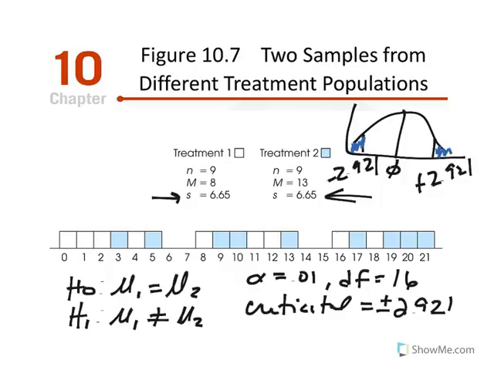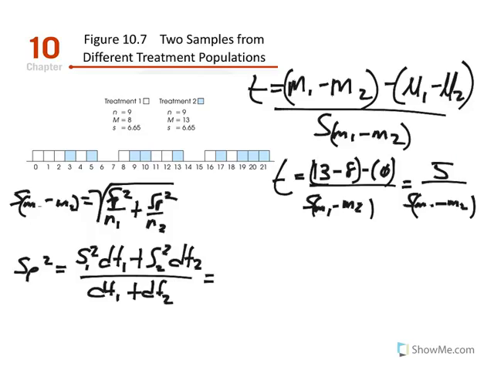And now we're going to calculate. Step 3 indicates collect your data and calculate your t-statistic, and we have the statistics necessary to do so, so that will be the next step.